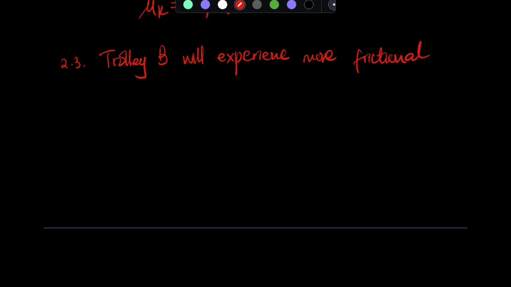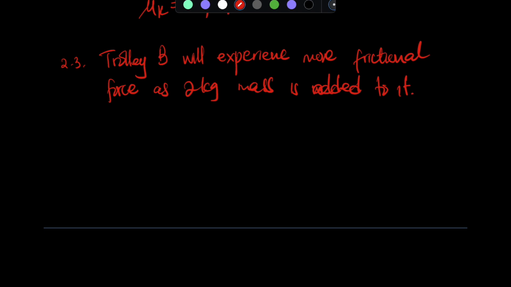2.3, you say trolley B will experience more frictional force as 2 kg mass is added to it.